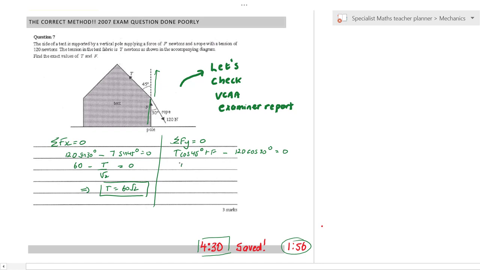T cos of 45 is T on root 2 plus F minus 120 cos of 30, which is root 3 on 2, which is minus 60 root 3, is equal to 0. Therefore, F is equal to 60 root 3 minus T over root 2, which is equal to 60 root 3 minus 60 root 2 over root 2.